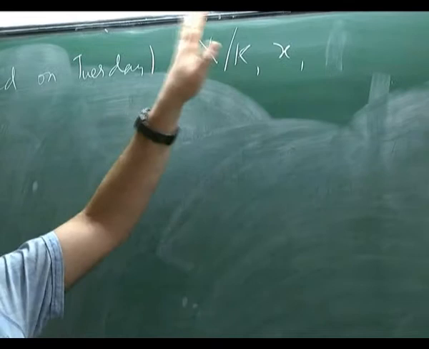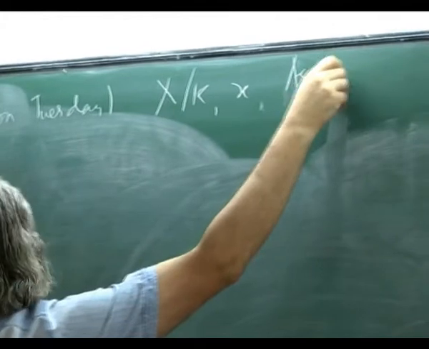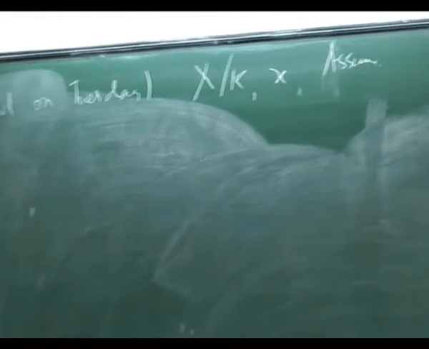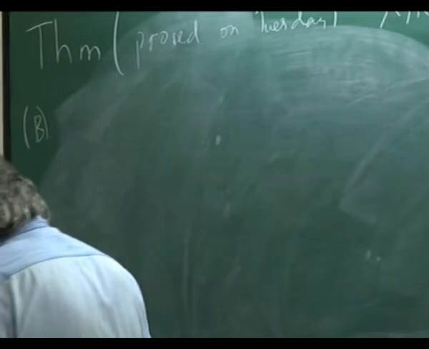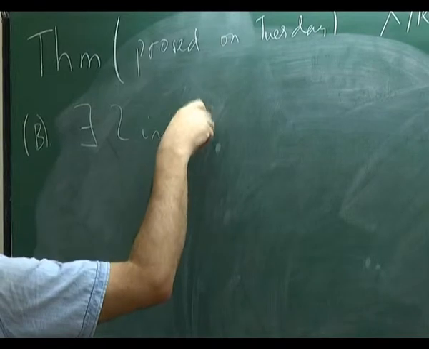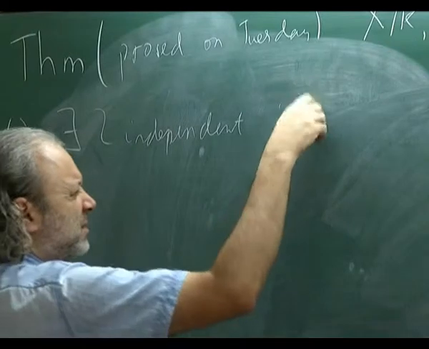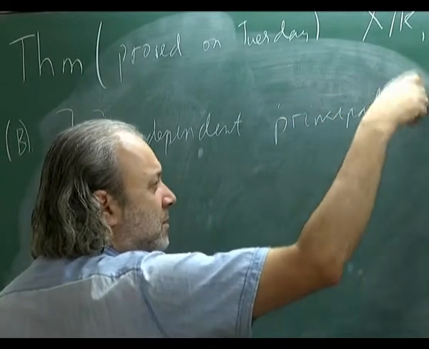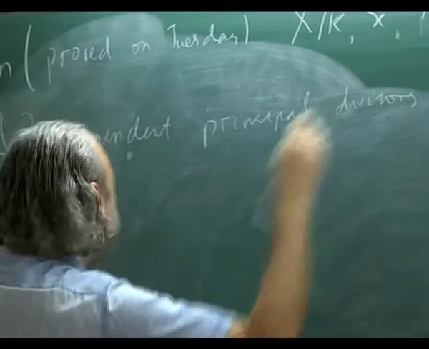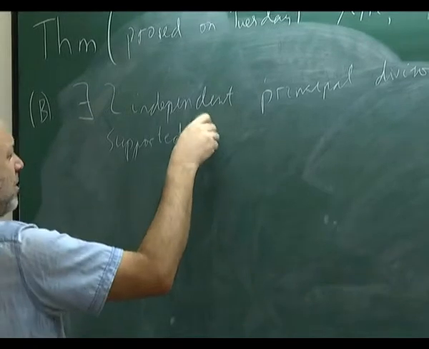Just as before, we assume that condition B holds: that there exist two independent, meaning non-proportional, principal divisors supported on the poles of x.